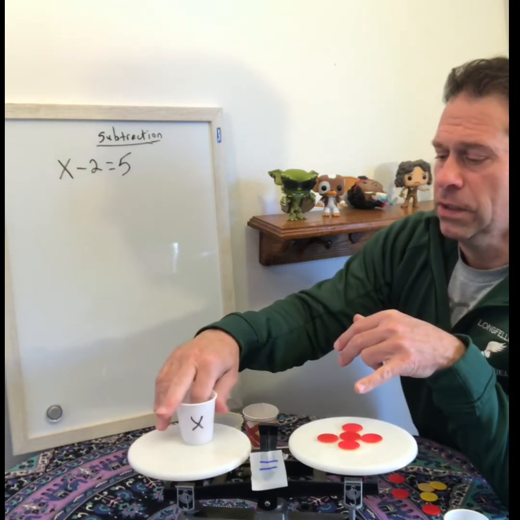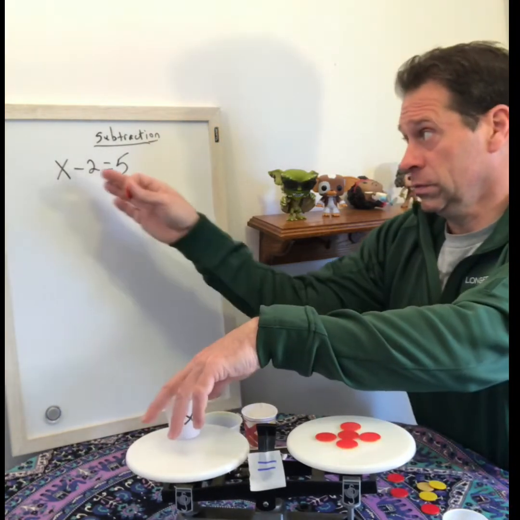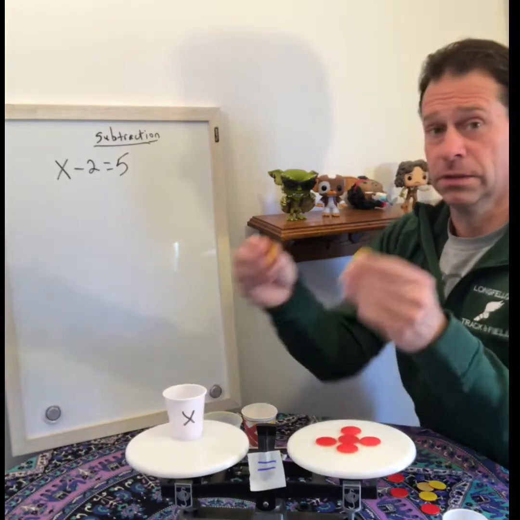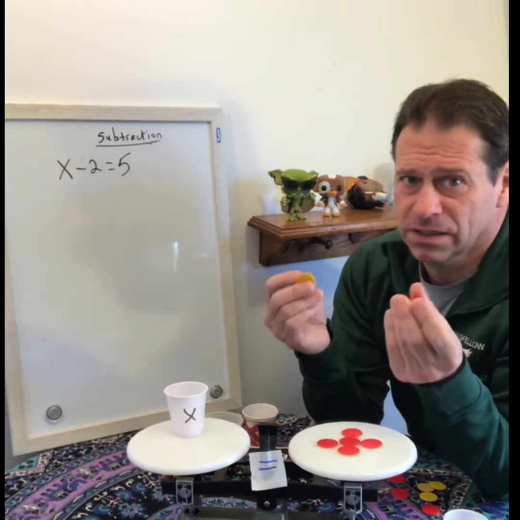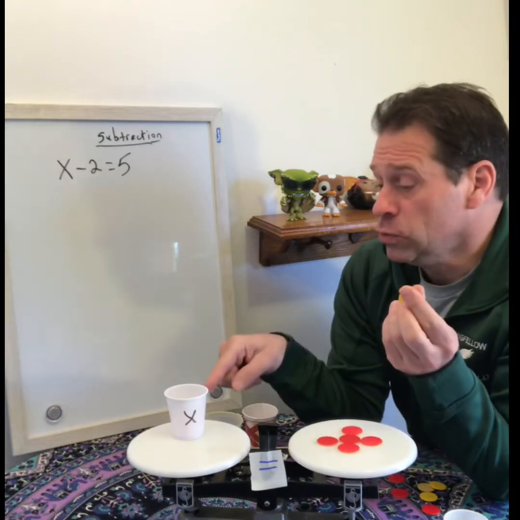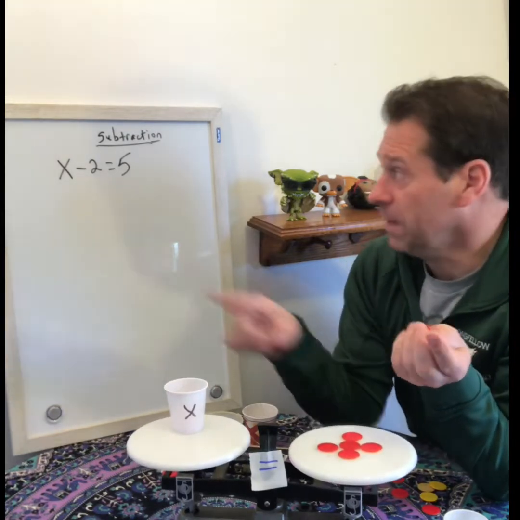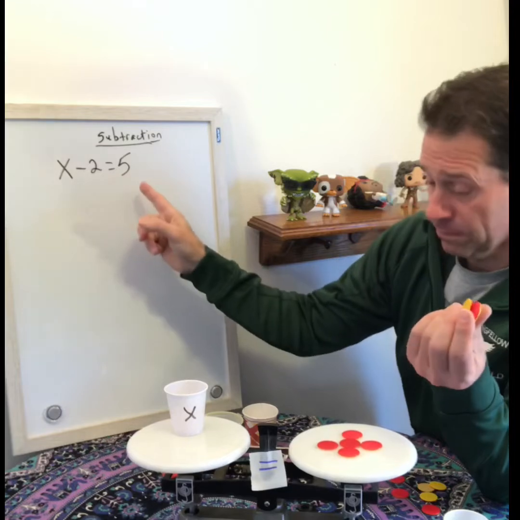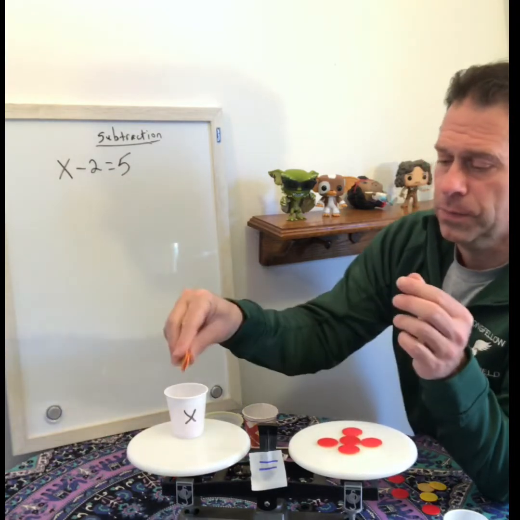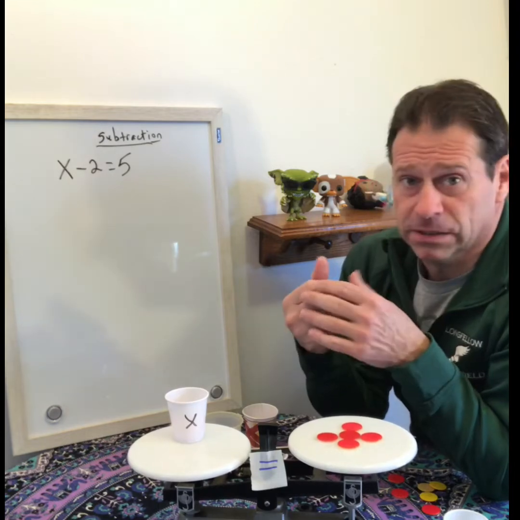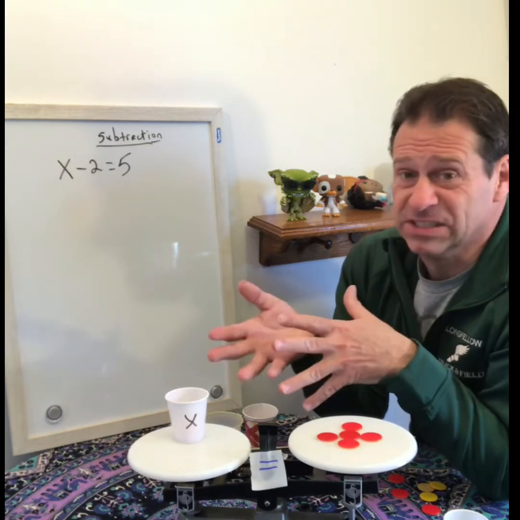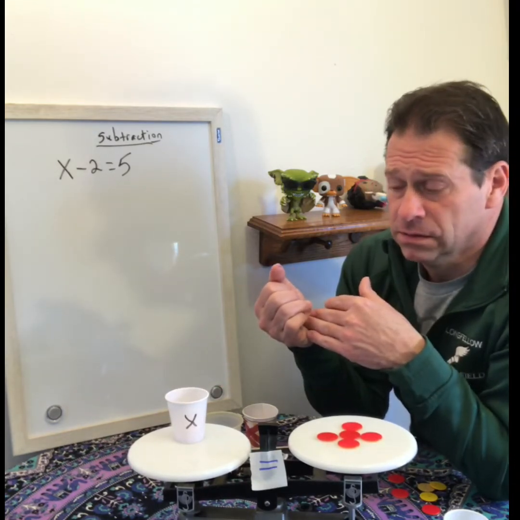So x minus 2, take 2 away from x, would give me a 5. Well, that's confusing. But that's not the case in there. I need to get x by itself. I can't just take 2 out of the x.